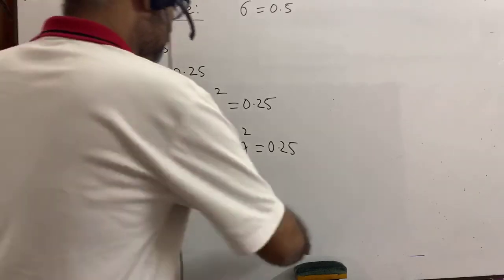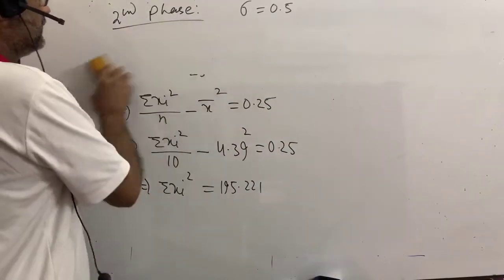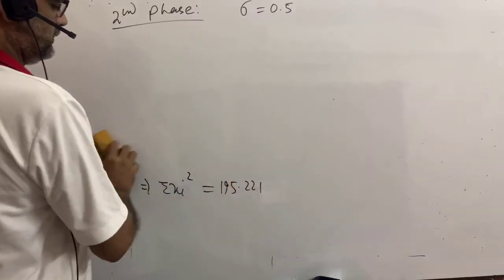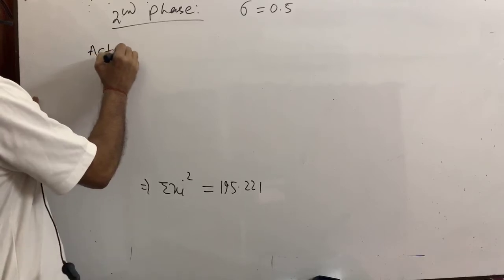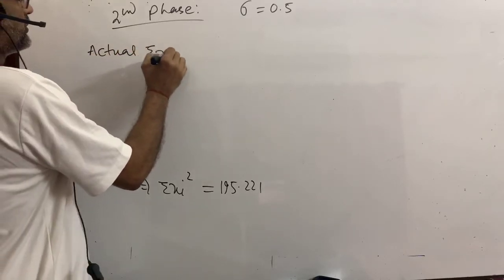That's good. Now you write down the actual summation xi square.